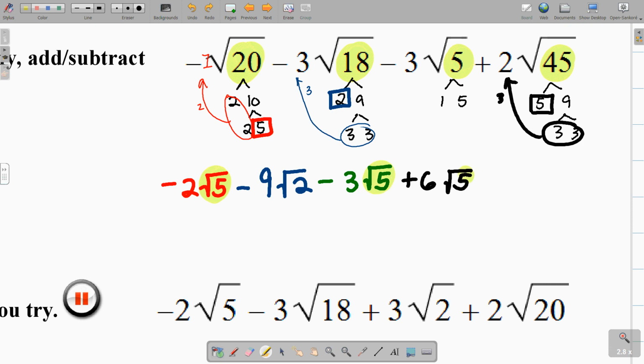Why? Because the radicals are not the same. Just like if I had 1x minus 9y, I'd be done there too, because the radicals are not the same. So step 1 is you factor.